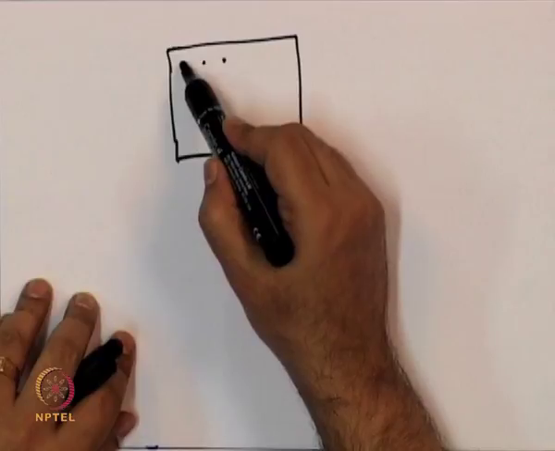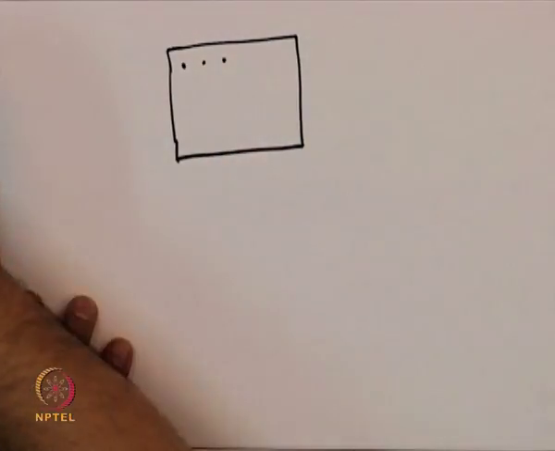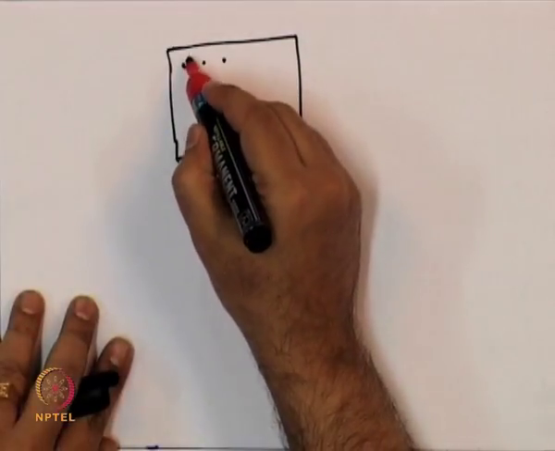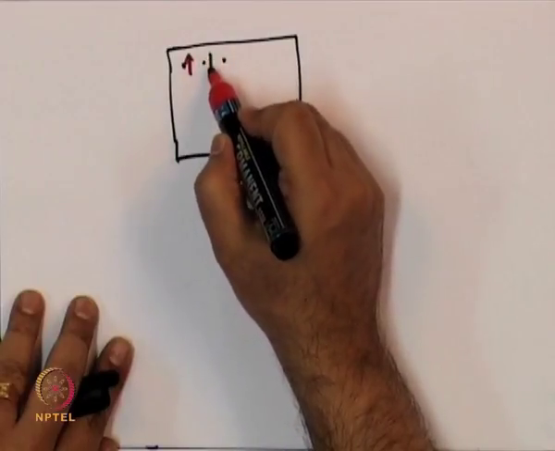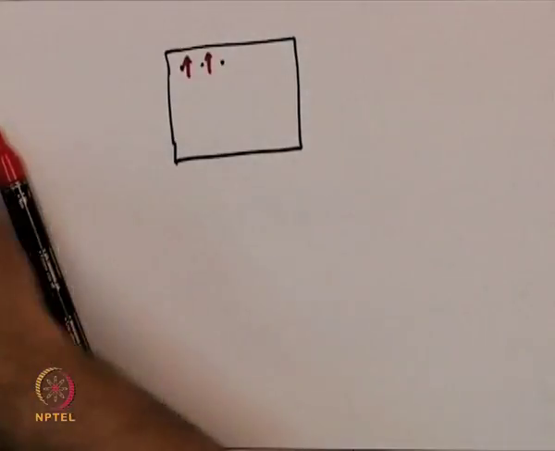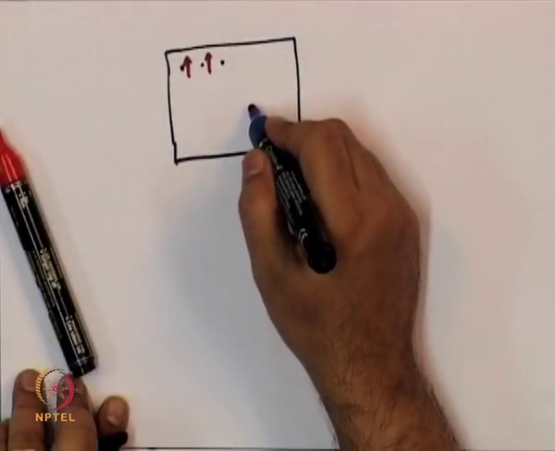This could be a region in which the red atom was at the center, so I will mark that by a red arrow. This could be another region with a red atom in the center, but somewhere else in the system you might get to a place where it is the blue atom which is at the center.